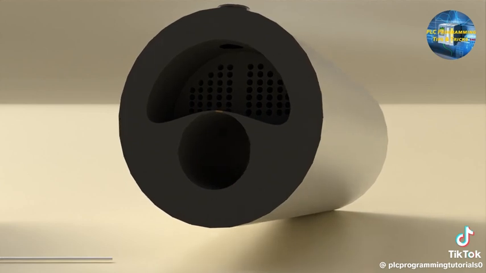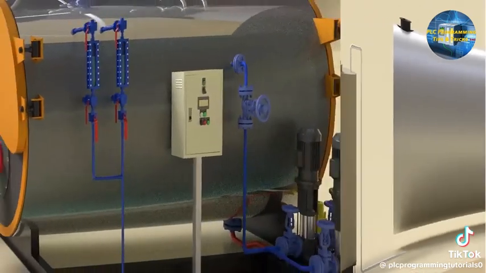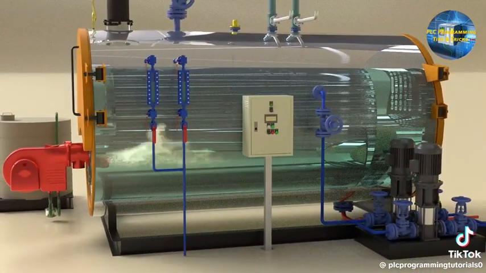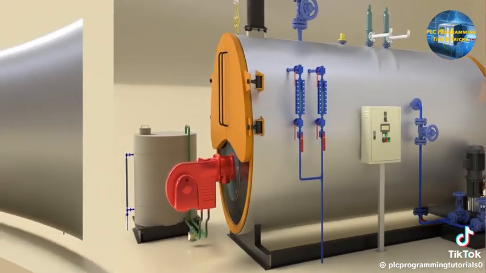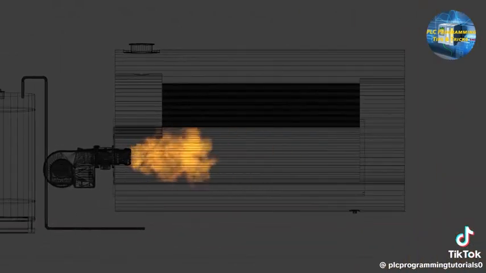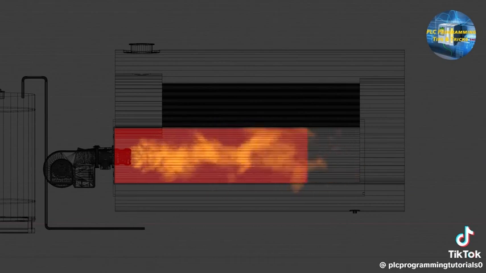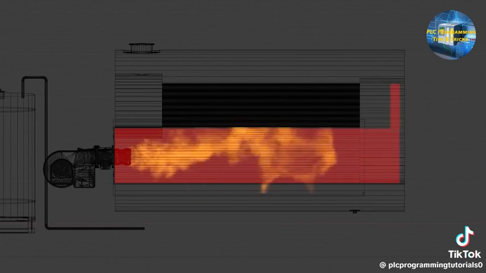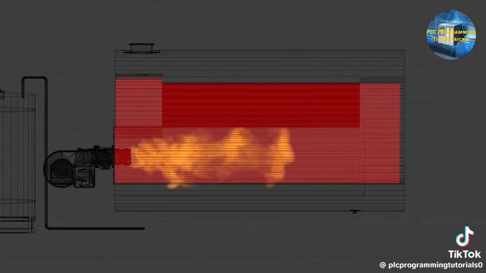This indirect heat transfer ensures that the water and the combustion gases remain completely separated, protecting both system integrity and operator safety. As you can see now in the wireframe view, the path of the heated gases goes through the furnace, combustion chamber, tubes, and finally exits the boiler shell.